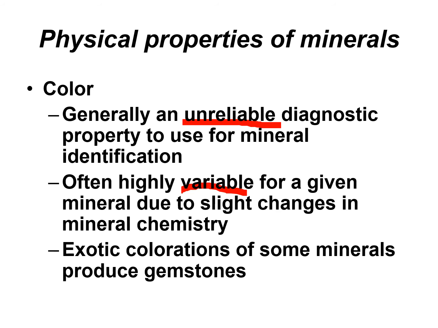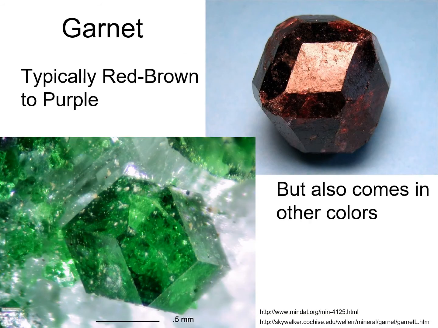And so it's not reliable. Helpful, but very unreliable. So here we're looking at two examples of garnets. So on the right, we have the more typical example of a garnet. That's kind of a reddish, brownish, purplish color. But remember that garnets can come in many colors.